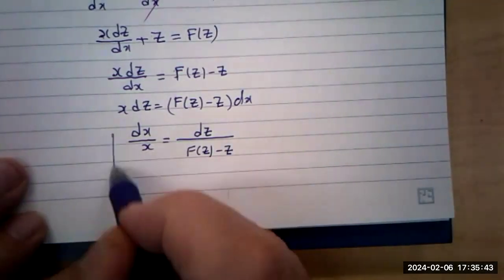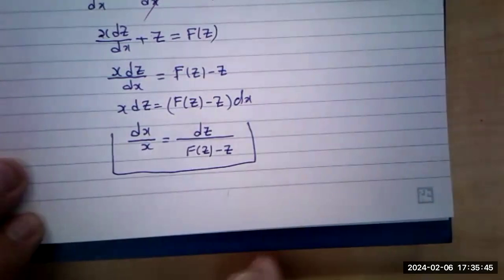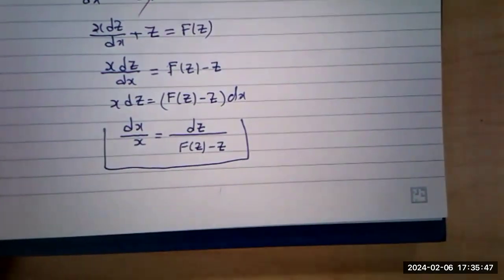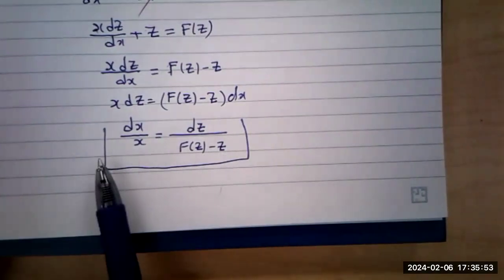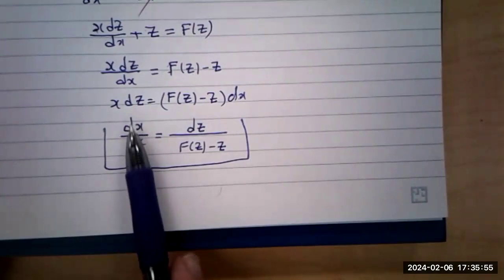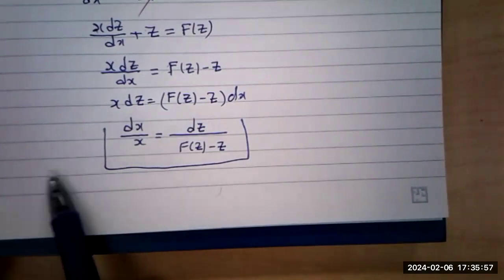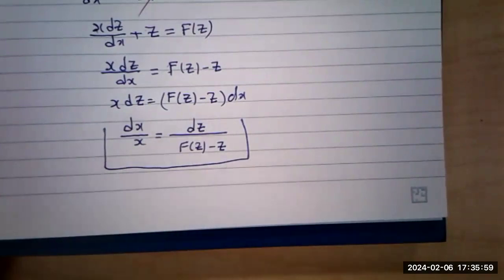Look at this equation. This is a differential equation with separable variables, because the variables are, of course, z and x. You have dx over x on one side of the equation and dz over f of z minus z on the other side.